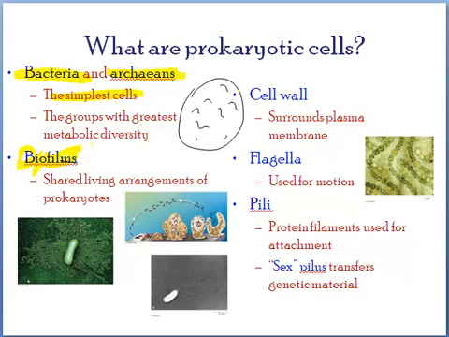The prokaryotic cell has another region outside the membrane, and that is called a cell wall. A cell wall will surround the membrane and give it more structure and support. Certain bacteria have cell walls which protect the bacteria from being destroyed by certain chemicals. So it's more like a survival mechanism for a bacterium.